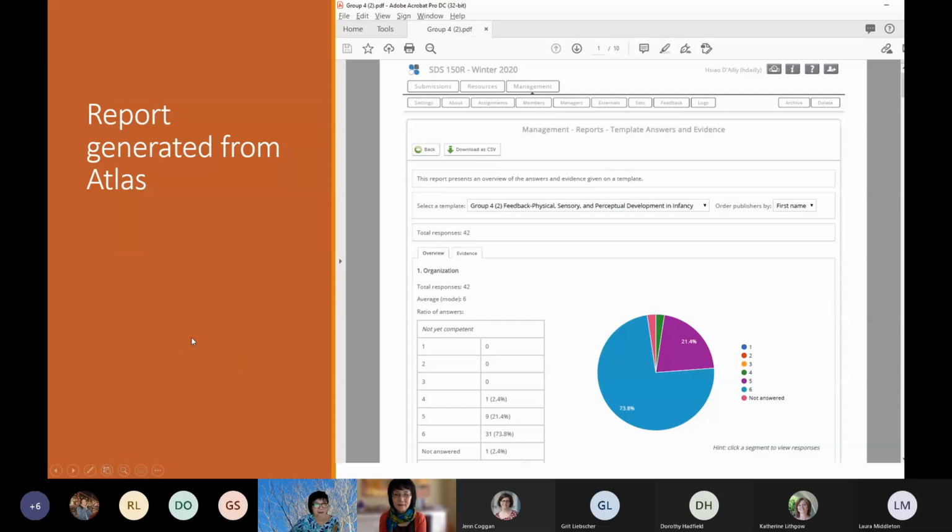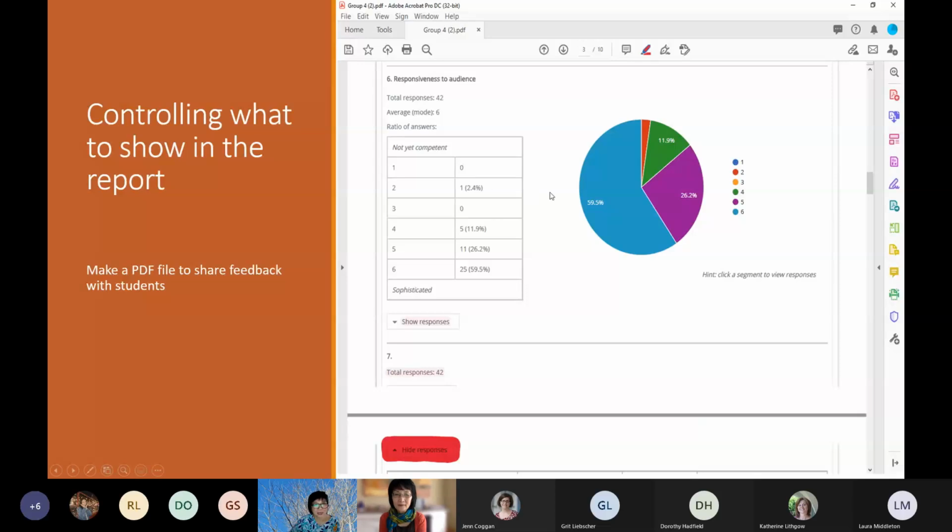The nice part is that within the Alice report, you can show each individual response, and I can hide the responses so students won't see which peer gave them 4, which person gave them 5, or which person gave them 6. So that part is anonymous individual feedback, but they get a summary here.